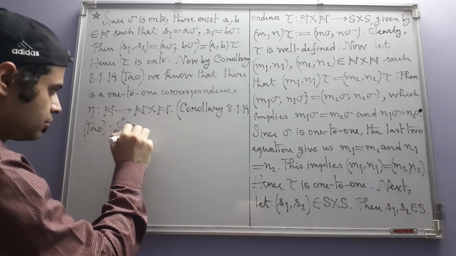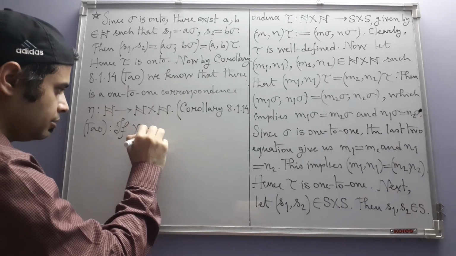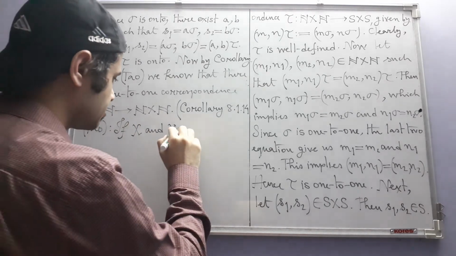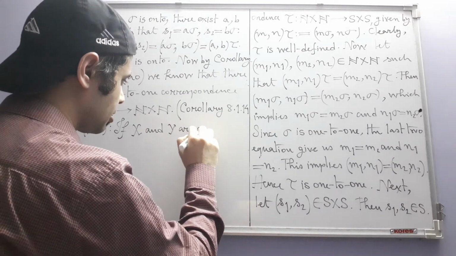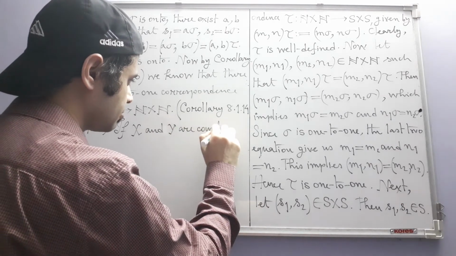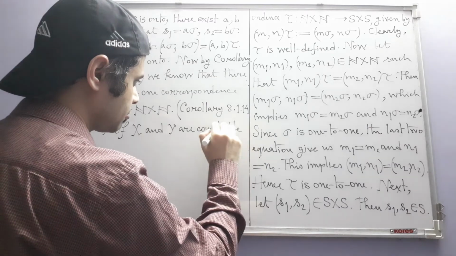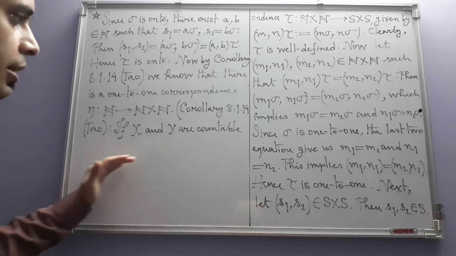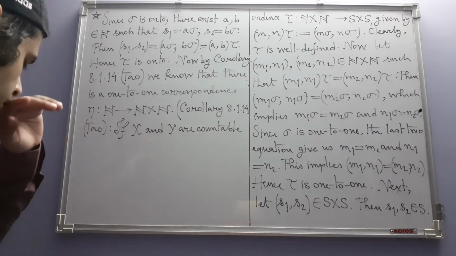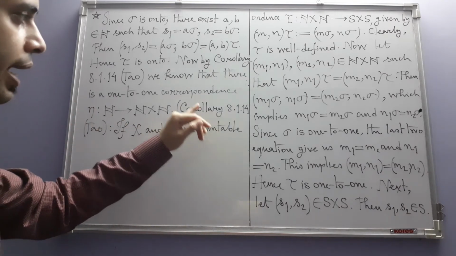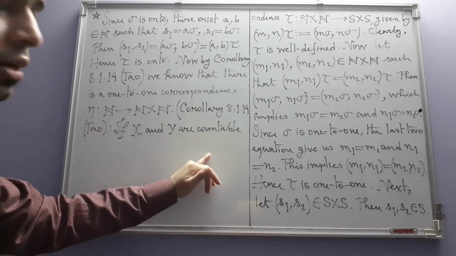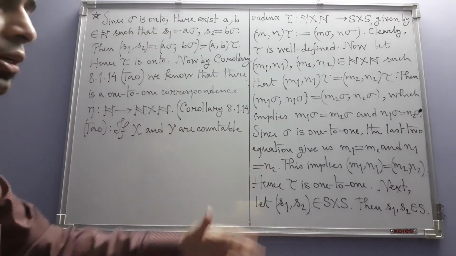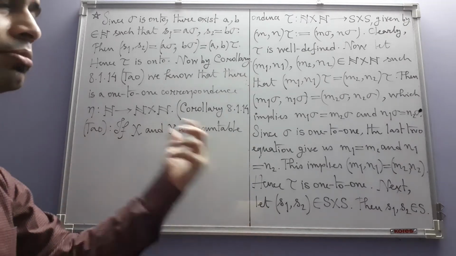If x and y are sets, are countable sets. Since we are not stating this corollary in the context of something, when we actually prove this corollary in Tao's analysis, we will be doing it in a context, for example, in the context of countable sets.